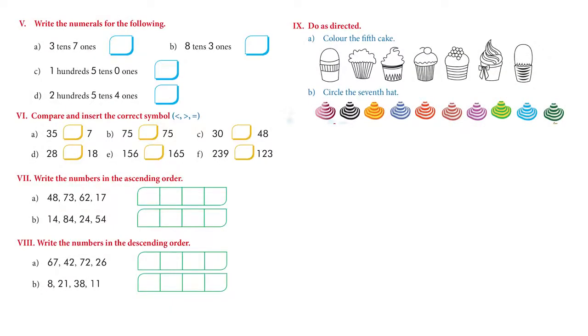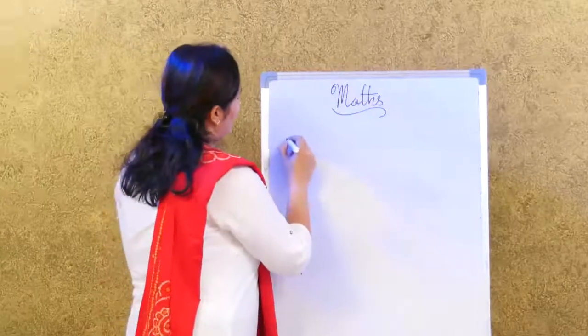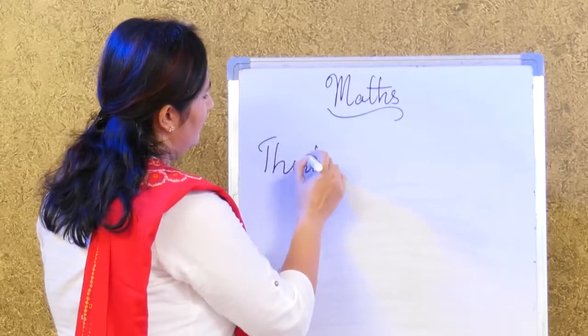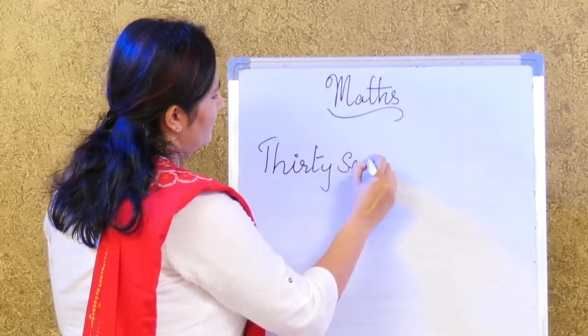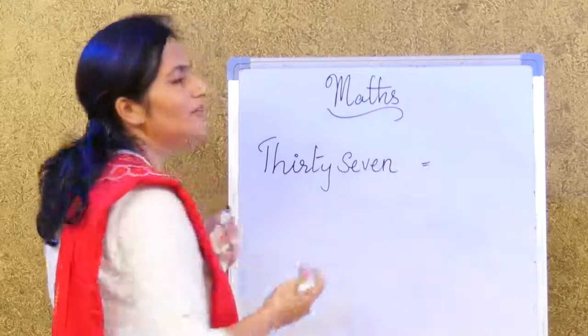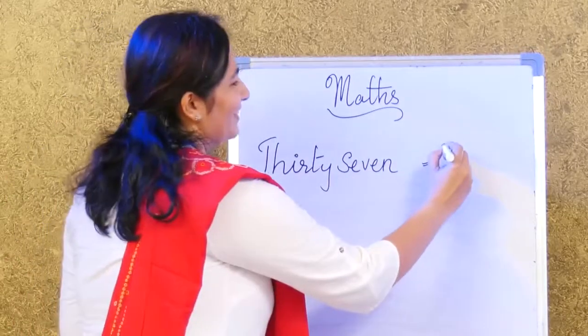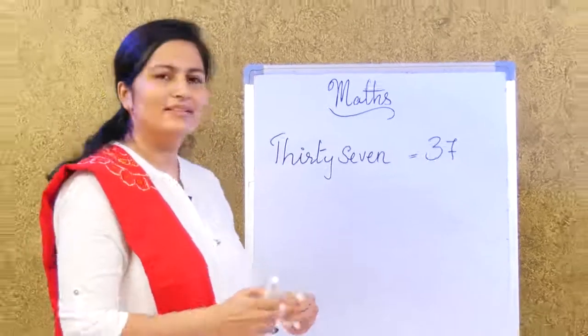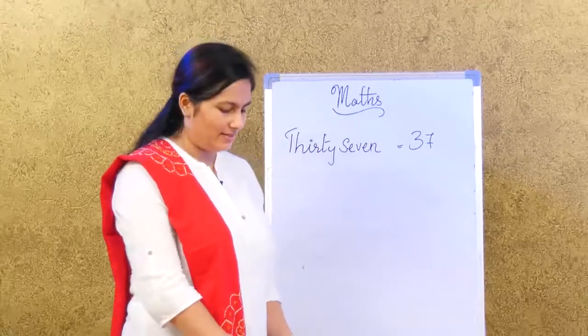Page number 44. Write the numerals. So, the numeral is 37. This is the number name. Take a look at those and fill in the rest of the blanks.